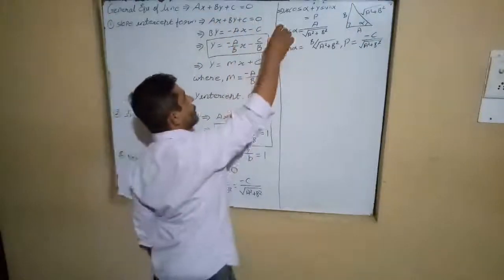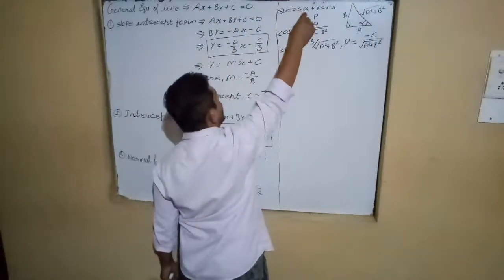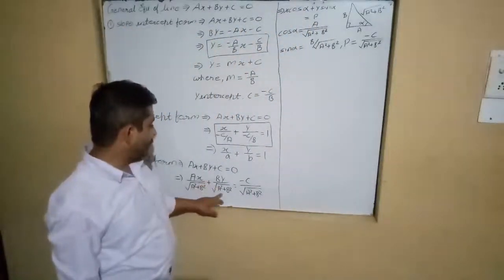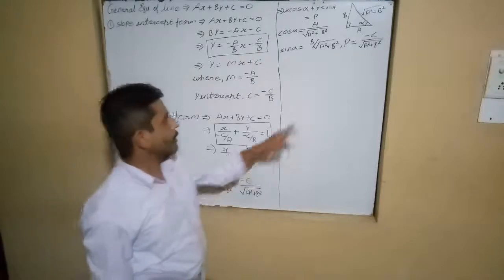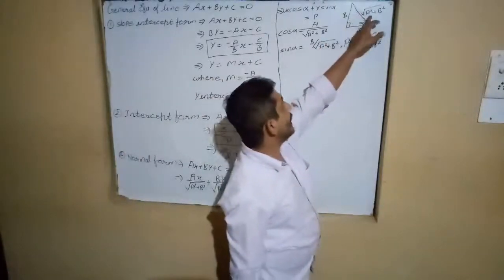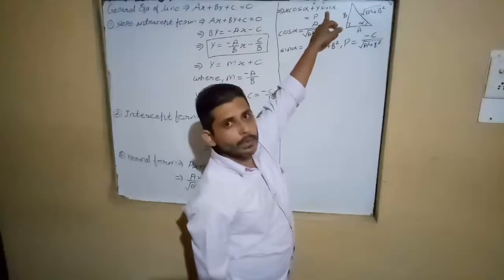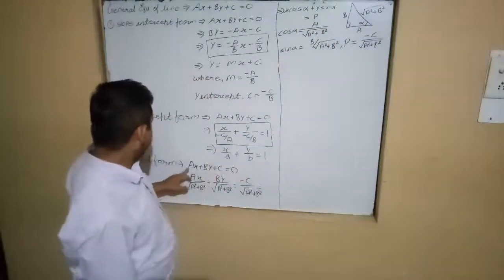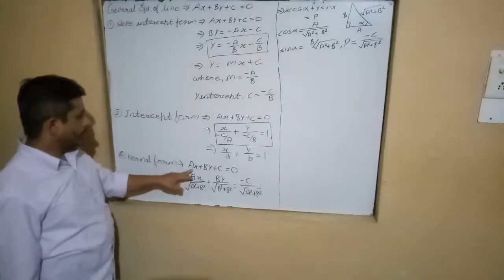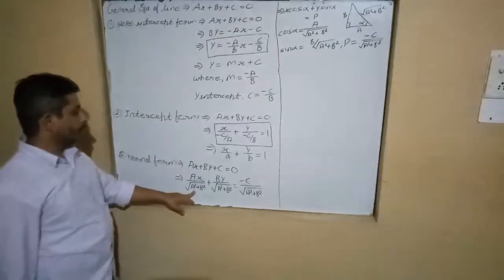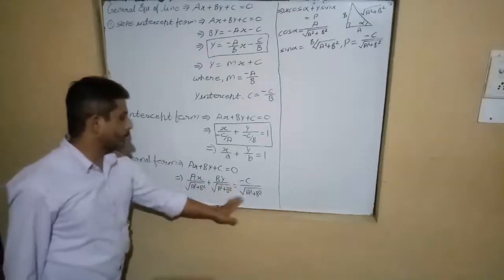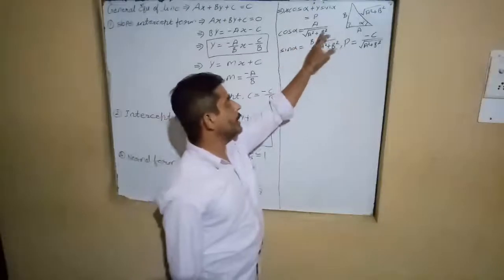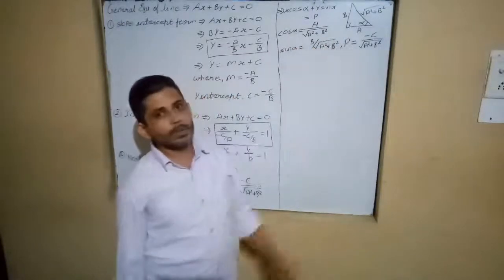Base upon hypotenuse is called cos alpha, or theta, whatever we can write. And same here, b upon root of a square plus b square is perpendicular upon hypotenuse, that is equal to sin alpha. So if we convert any general equation of a line into the normal form, we just divide by the square root of a square plus b square, where cos alpha, sin alpha and p, all three values are equal to this one.